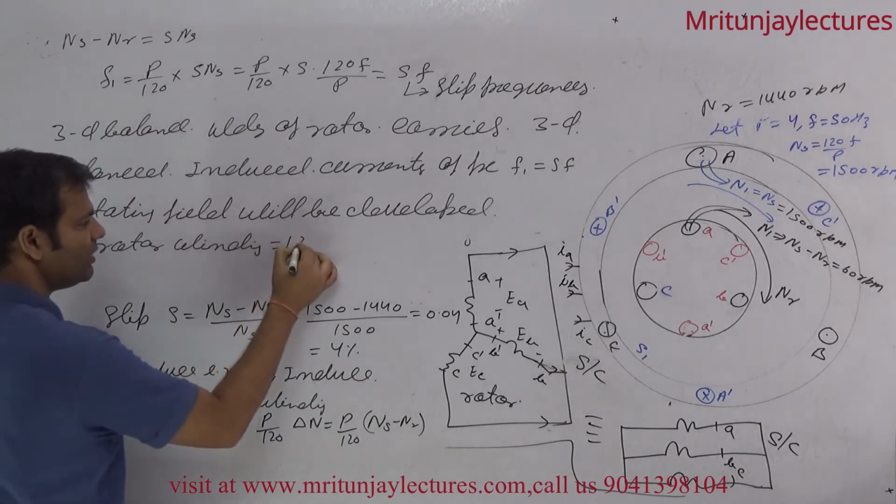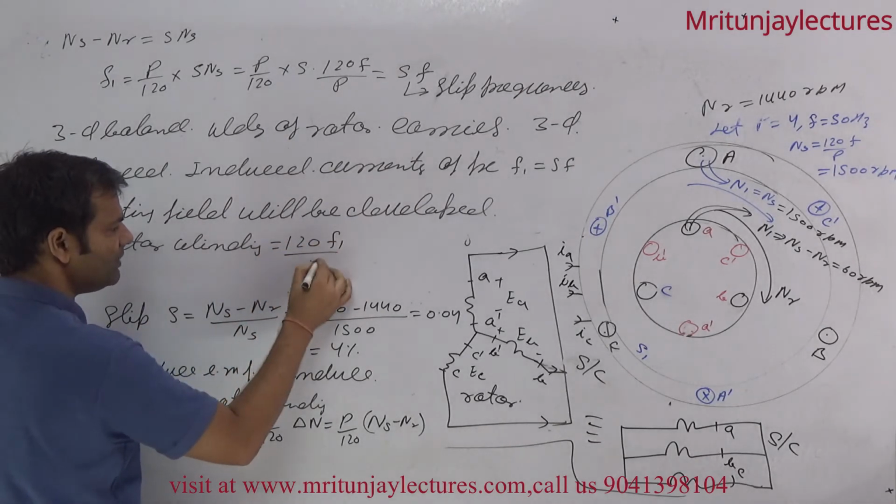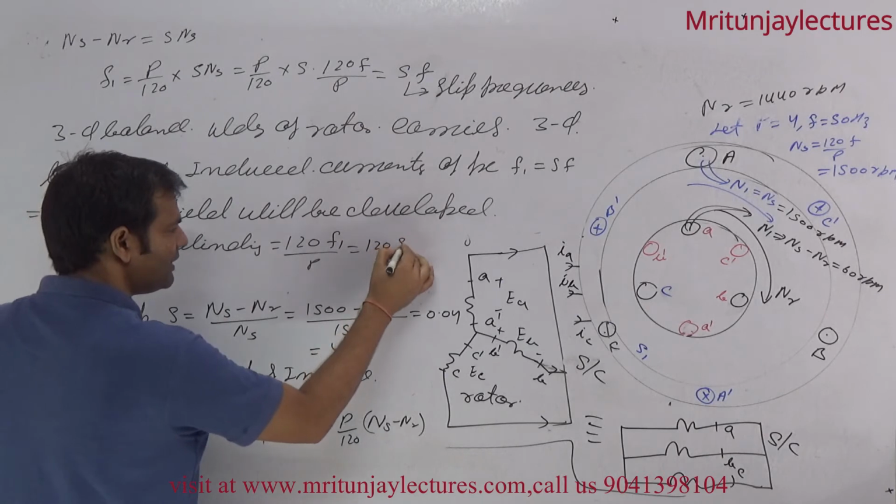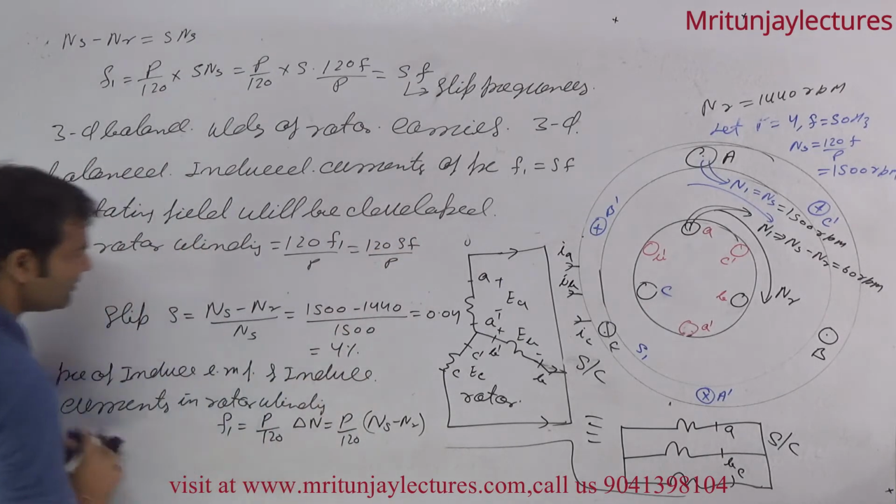This is equal to 120 F1 by P, that is 120 SF divided by P. Clear?